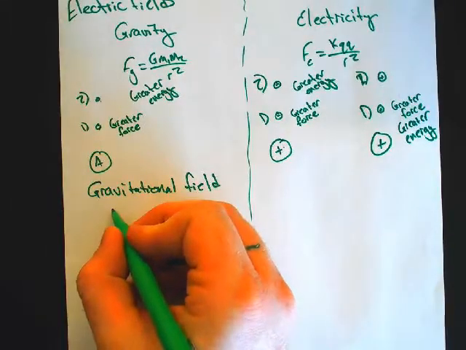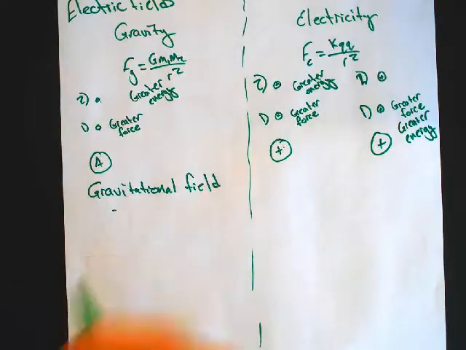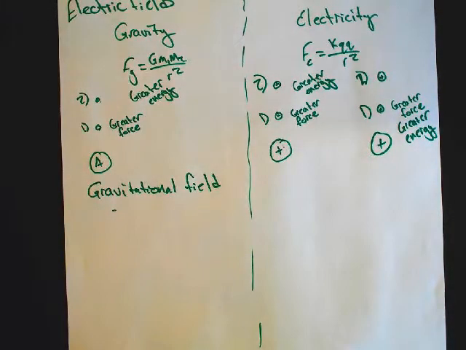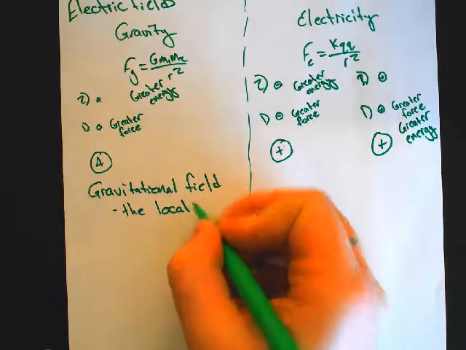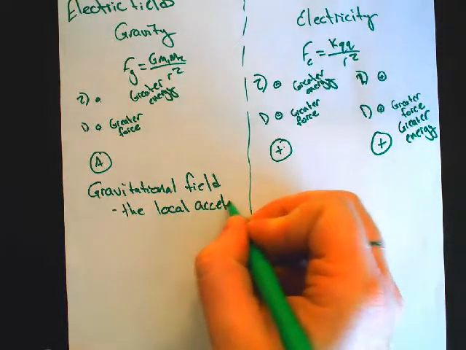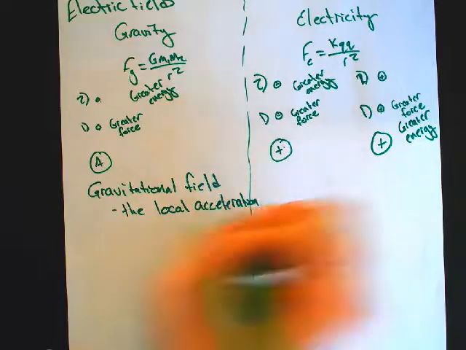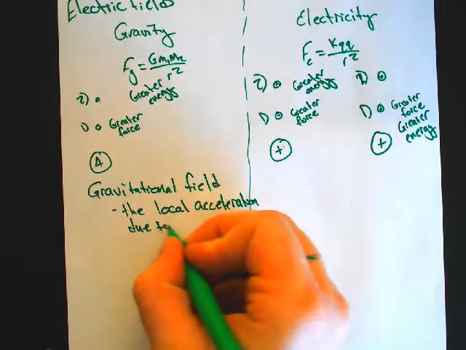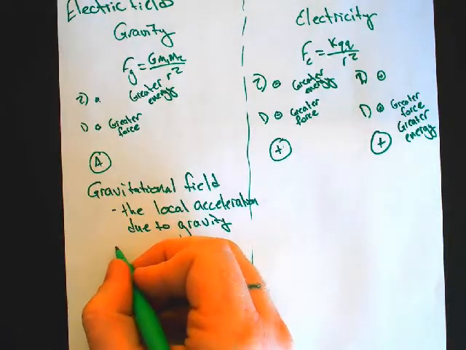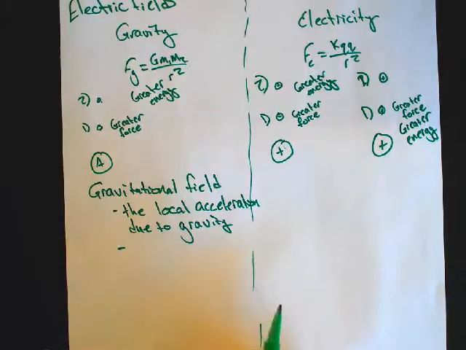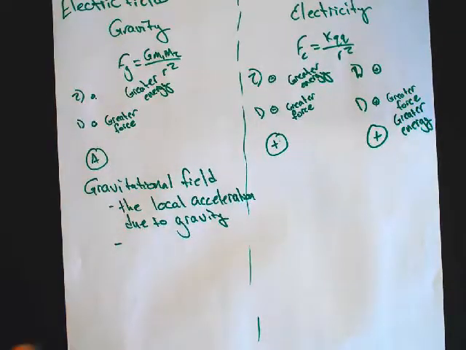A gravitational field is, in one way, we can say the local acceleration due to gravity. It is on Earth, yeah. We could also call it the local amount of warp to space-time.